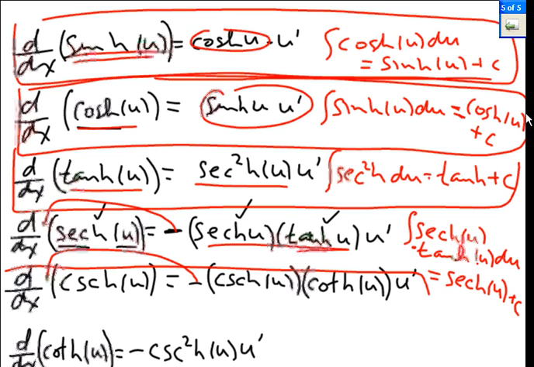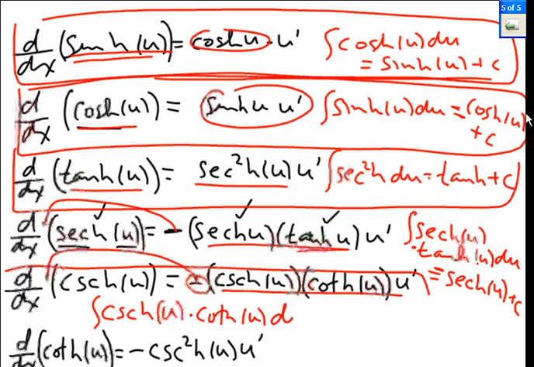Oh, I forgot to put the minus on the other side. I put this minus on the other side. The integral of hyperbolic cosecant of u times hyperbolic cotangent of u du is equal to negative hyperbolic cosecant of u plus a constant.